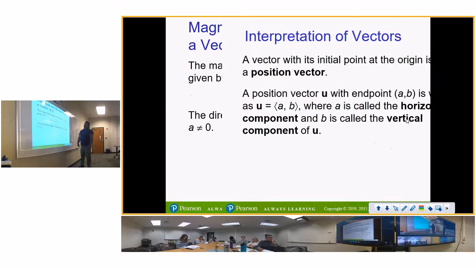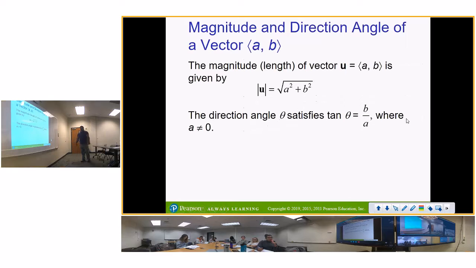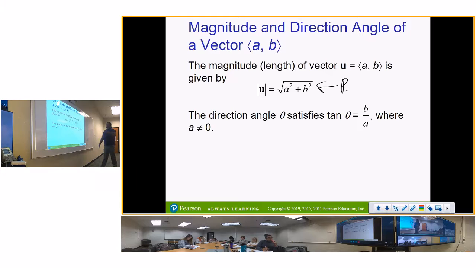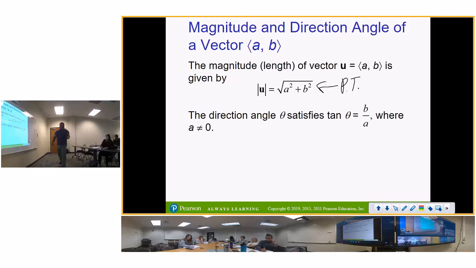So, with that being said, here is the magnitude of any vector. The magnitude of any vector is the square root of a squared plus b squared. Somebody tell me where that comes from. Pythagorean theorem.